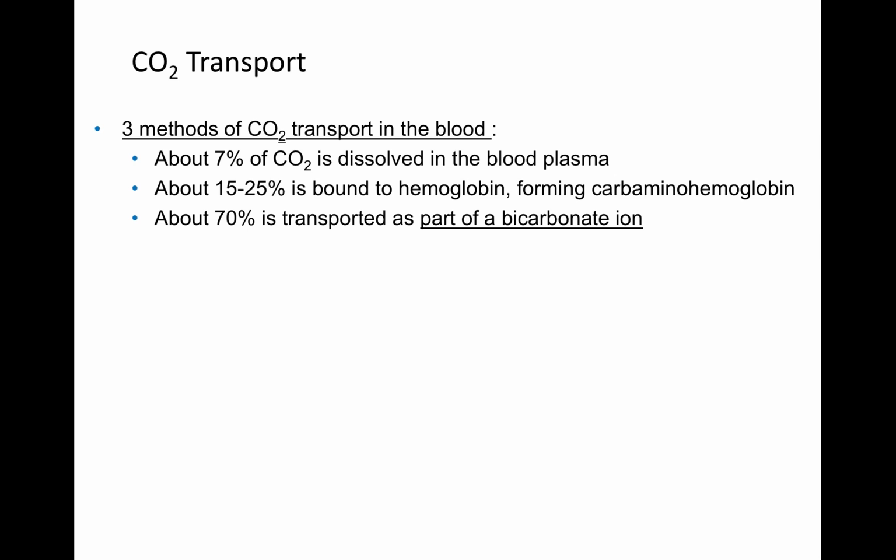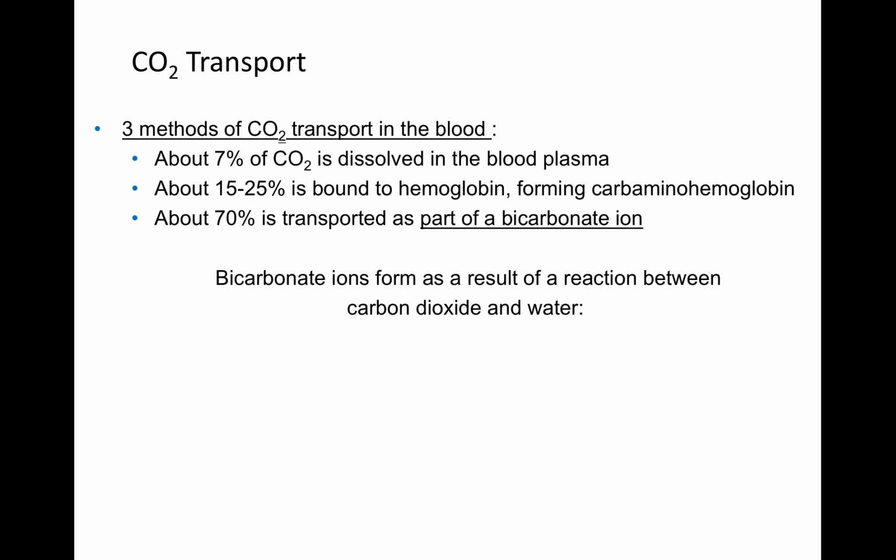The majority of carbon dioxide is transported as part of a bicarbonate ion. So what does that mean? Well, bicarbonate ions form as a result of a reaction between carbon dioxide and water.